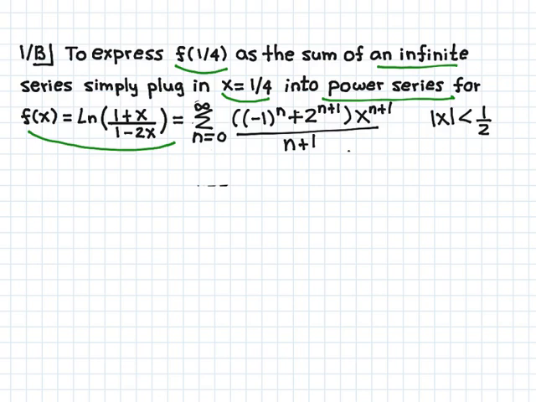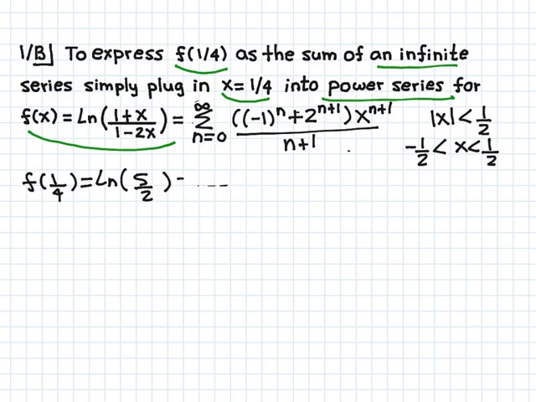Now, what allows us to plug x equals 1/4 in? The reason is because x equals 1/4 is inside the interval of convergence, x less than 1/2, larger than negative 1/2. That means we can find the sum. So f of 1/4 is equal to log of, plugging in x equals 1/4, we get (1 plus 1/4) divided by (1 minus 2 times 1/4). Simplify that, we get 5 over 2.